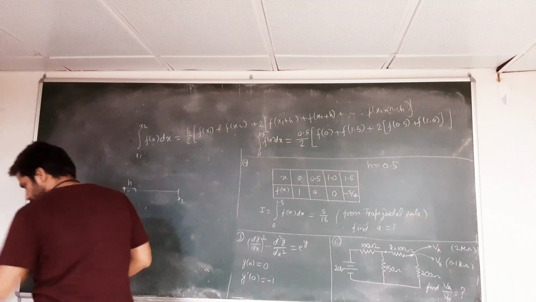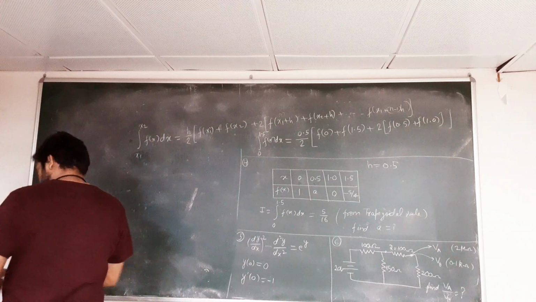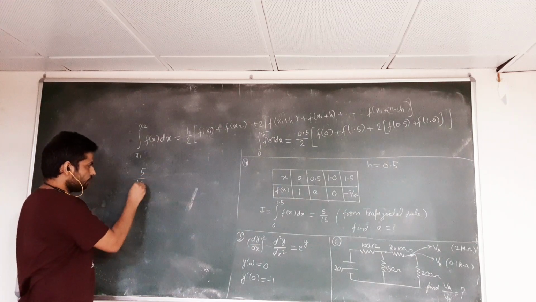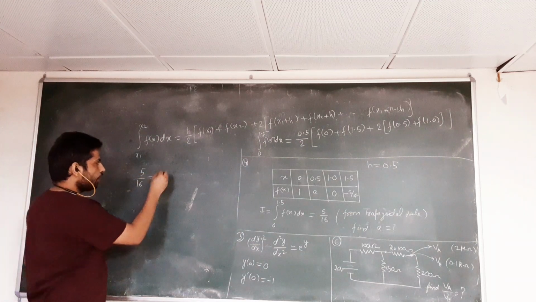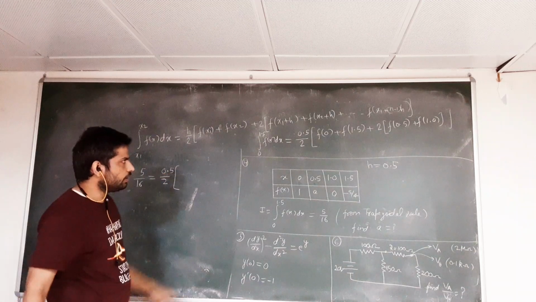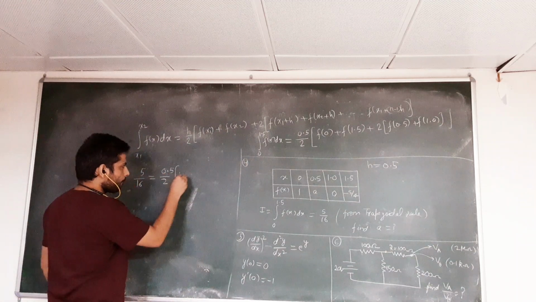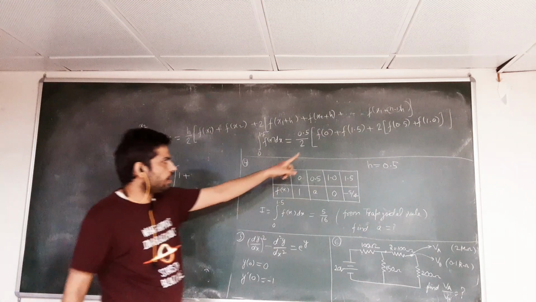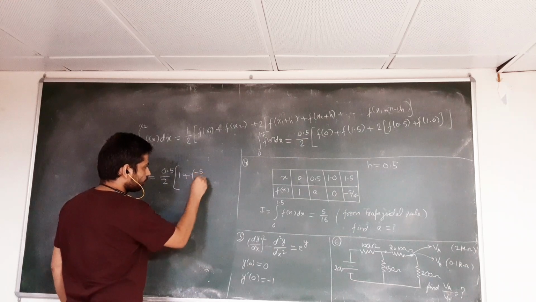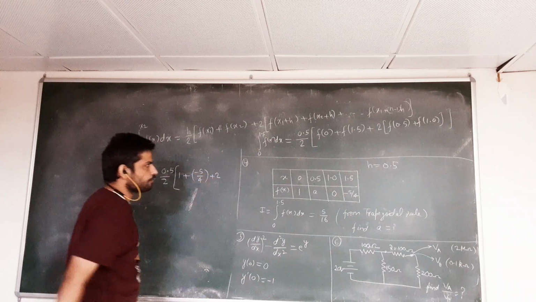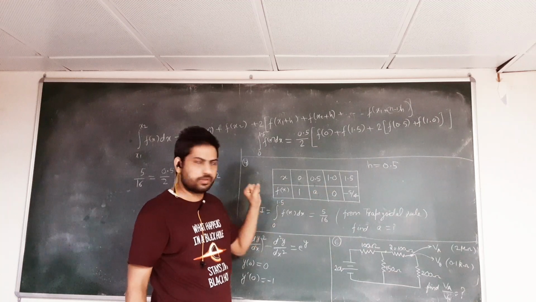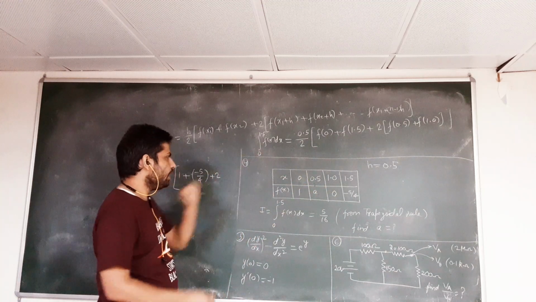So let me erase here. We will write 5 by 16, the left hand side, equal to 0.5 by 2 times the bracket: f of 0 is given as 1, plus f of 1.5 is given as minus 5 by 4, plus 2 times, where f of 0.5 is given as a and f of 1 is given as 0, so it will be 2 times a plus 0.